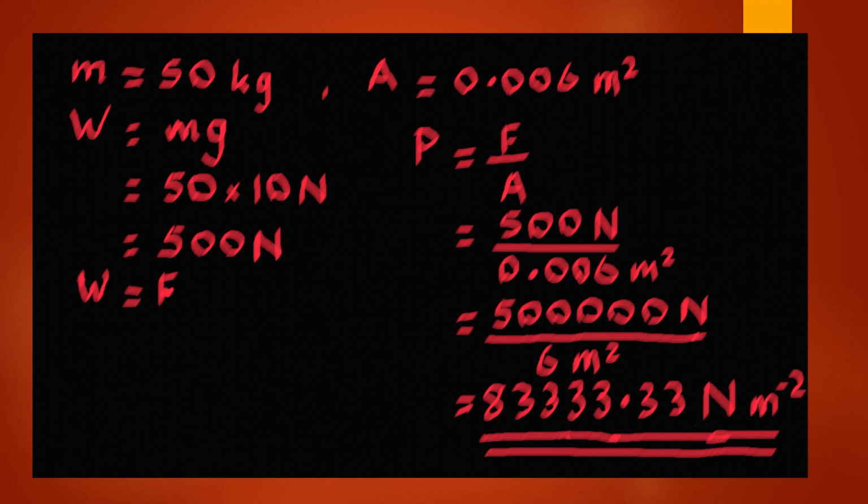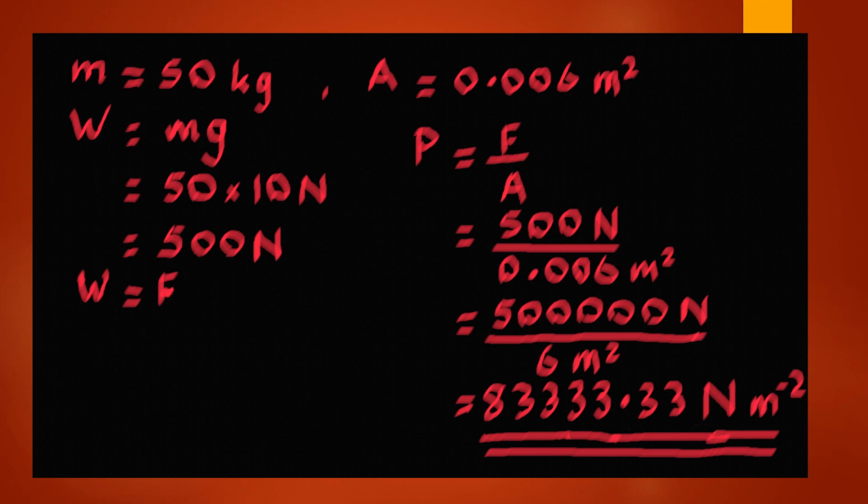So you can find the weight: 50 into 10, then it is in newtons. That means the weight of the man is 500 newtons. That is the force exerted. Then you can find the pressure. Pressure equals force over contact area. Then 500 newtons divided by 0.006 square meters.